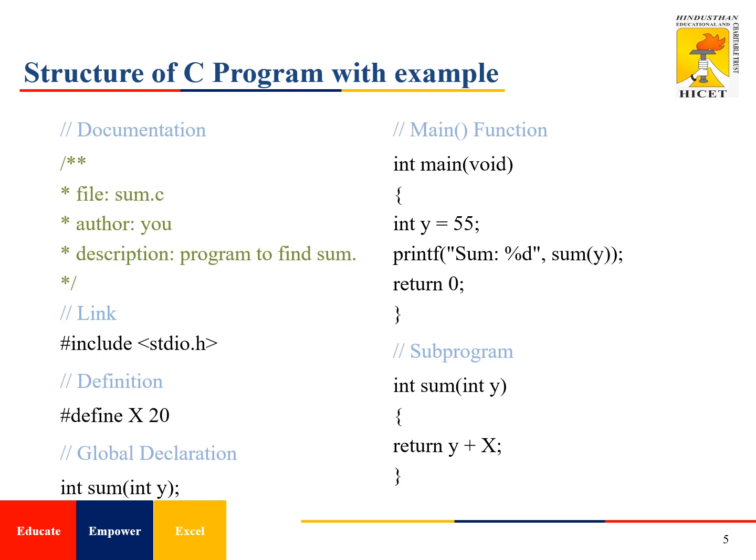First is the documentation section, which means we can specify the name of the file in which you write your code, the name of the author, so you can mention your name too, and also a description of the actual process that you are going to do in this program.